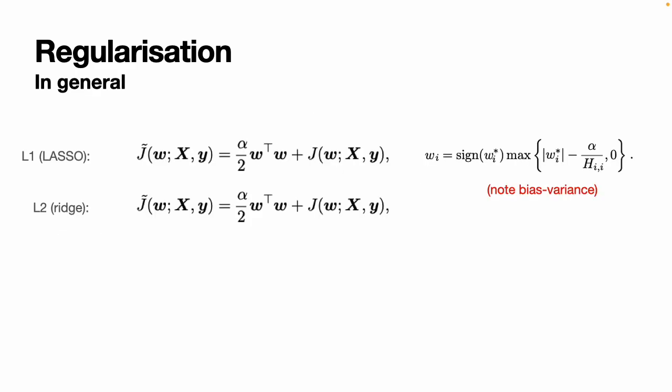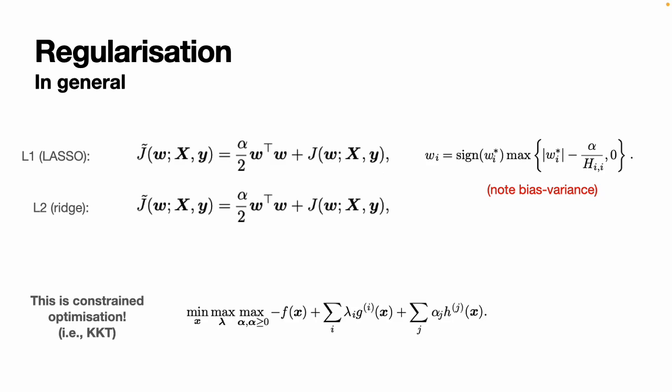The thing that I want to say to you in the context of this course, we've talked a lot about optimisation, is that this traditional regularisation is just constrained optimisation. It's adding an extra constraint in an optimisation function.